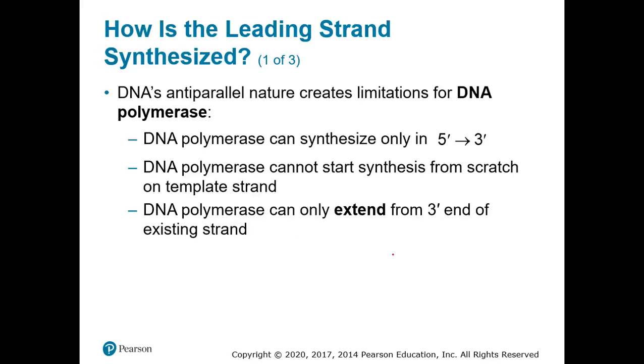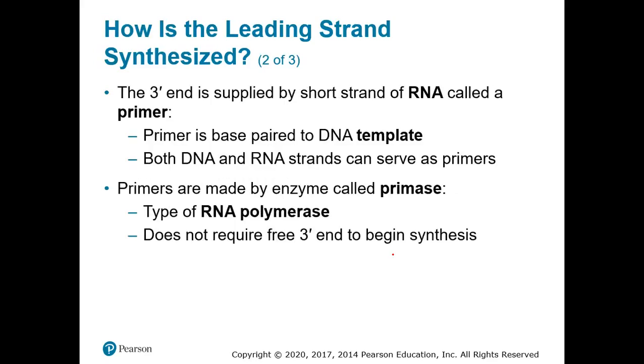But this is going to give us some trouble with the other existing strand, and we're going to see that. But first, we're going to talk about the leading strand. Okay, this is, in short, our unproblematic strand. Okay, everything works out perfectly for the leading strand.